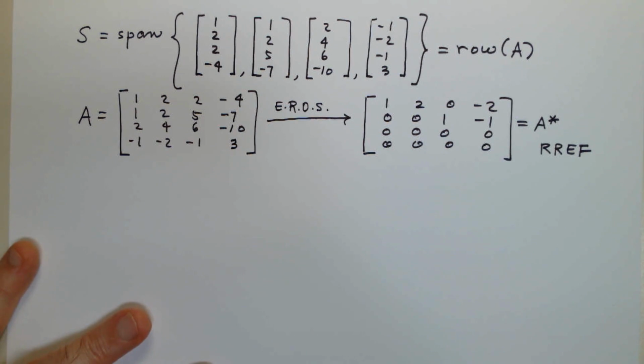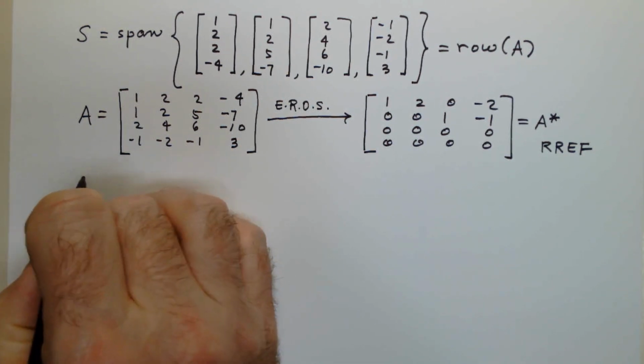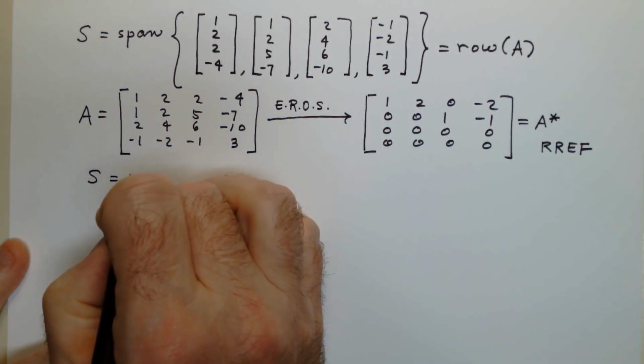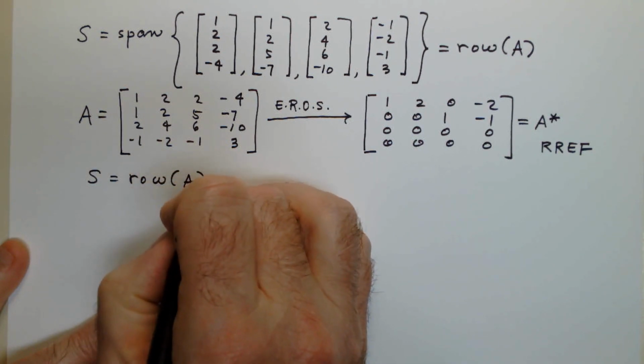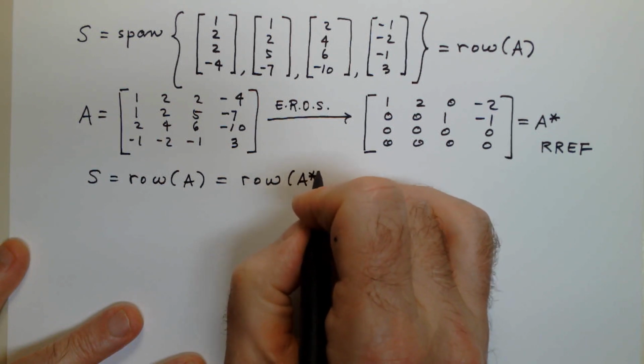Now, let's see what the theory tells us. Theorem 3.20 tells us that the space S that we're interested in, which is, in fact, the row space of A, is also equal to the row space of A star.